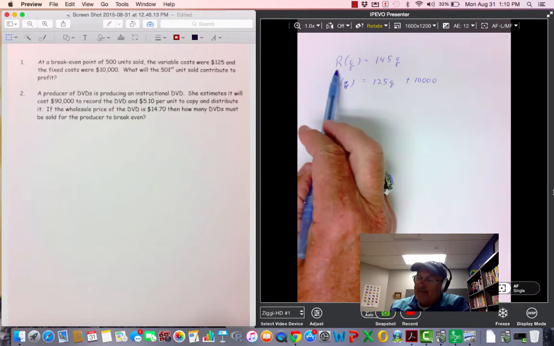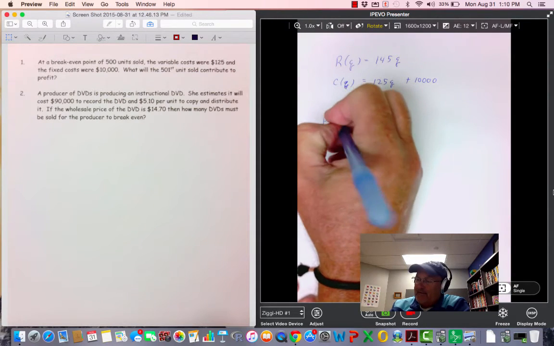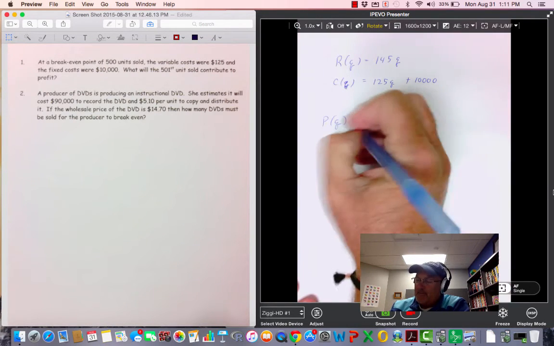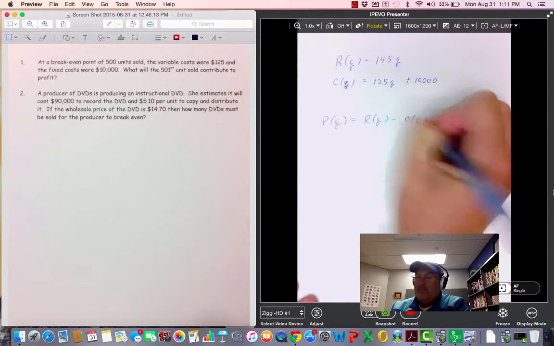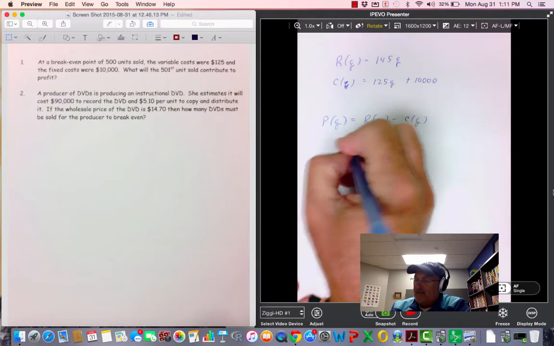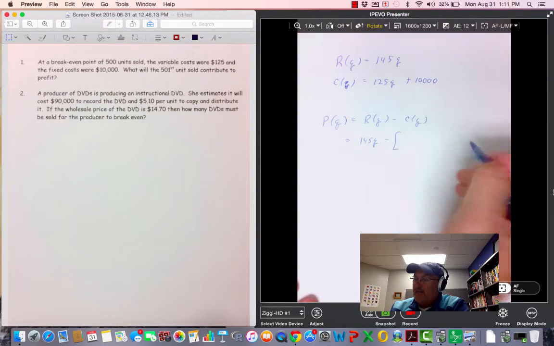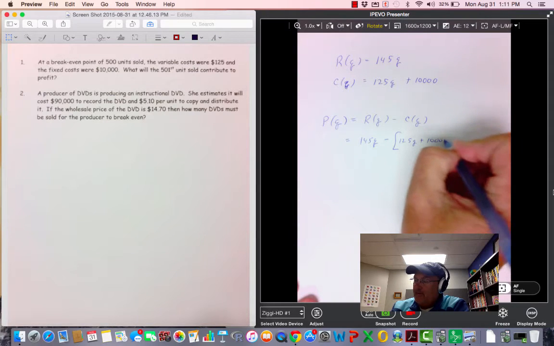Well, guys, when I've got the revenue function and the cost function, I can easily create my profit function, because my profit function is the revenue function minus the cost function. My revenue function is 145Q minus C of Q, which is 125Q plus 10,000.